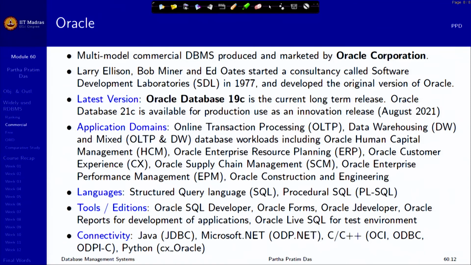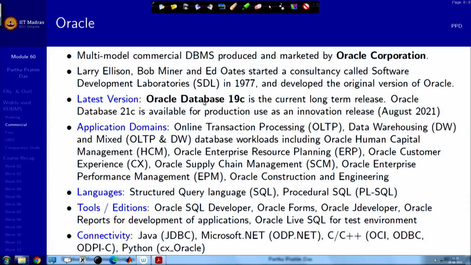Say for Oracle, it is a database which came into strong commercial existence in 1977. The latest version as of August 2021 is Oracle Database 19C, but different organizations would be using different versions.